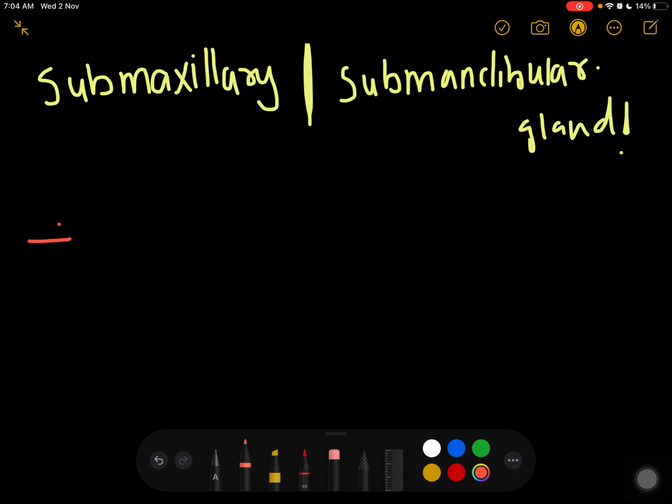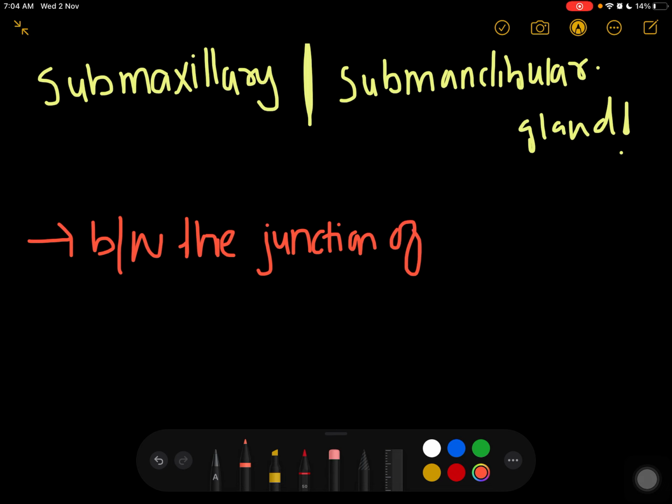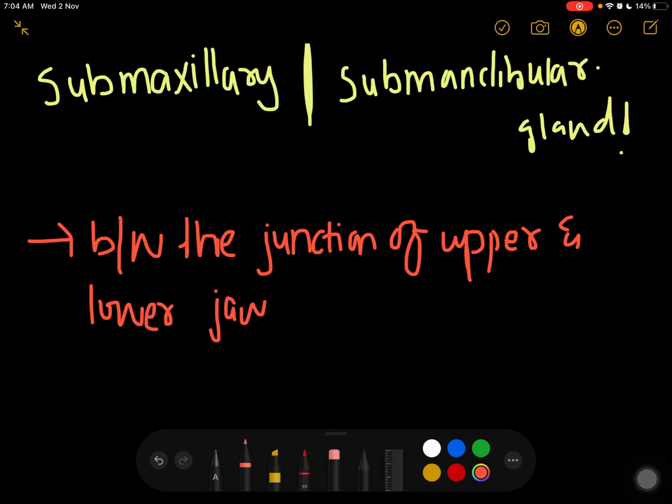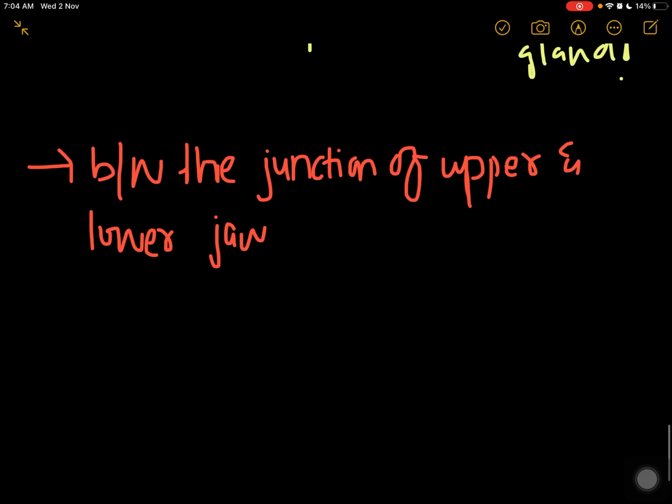It is present between the junction of the upper jaw and the lower jaw.